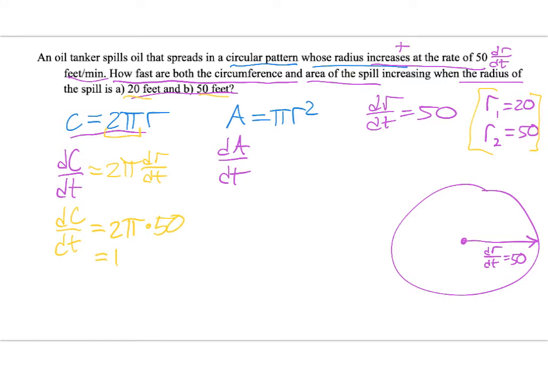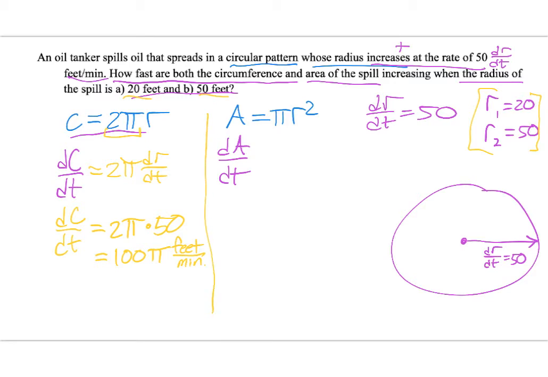So that's going to be 100 pi, and this is going to be feet per minute. The reason that that doesn't change is because I don't have r left in here as a variable. I just have dr/dt.